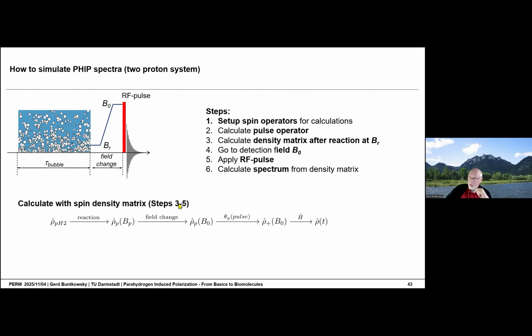So when you do this in a sequence, we start here with the density matrix of parahydrogen. We get the density matrix at the end of the reaction, changing the field if necessary. We apply our pulse. We have the density matrix after the pulse, and from this we can calculate the FID or the spectrum, however we want to do it.